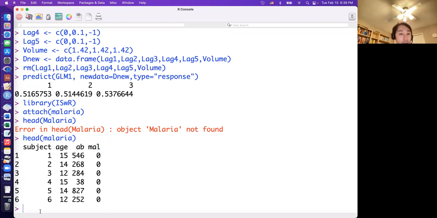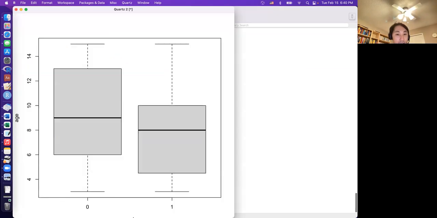The antibody, right? So we want to see, at first, the age by malignancy. We can attach the data, then make the box plot of age over malignancy, with the y label being age.